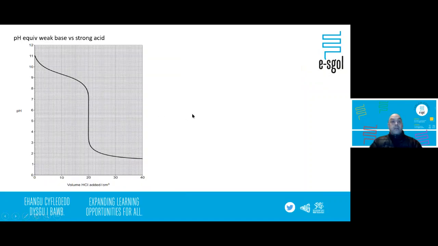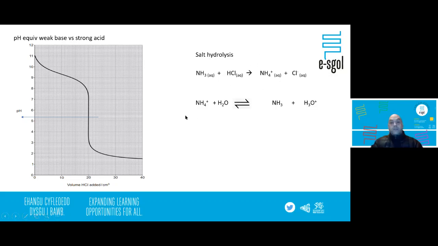And then again, on this one we've got a weak base versus a strong acid. So we've got a weak base in the conical, and we're adding our strong acid. If you look at the equivalence point here, you can see it's below 7 this time. And again, why? Well, in the exam, if it's 1 mark, you just say salt hydrolysis. If they want more, talk about the salt you make. The salt we're making here is ammonium chloride. So let's look at what the ammonium ion does in water.